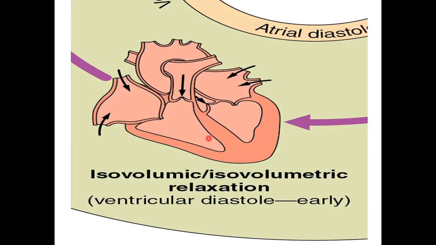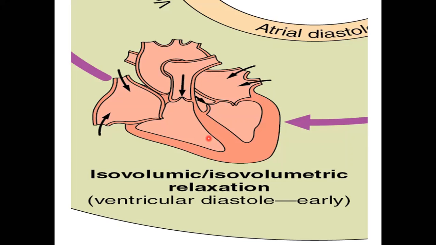So, in the isovolumetric relaxation phase, both the atrioventricular valves are closed, and so as the ventricular pressure decreases, no change occurs in the ventricular volume.